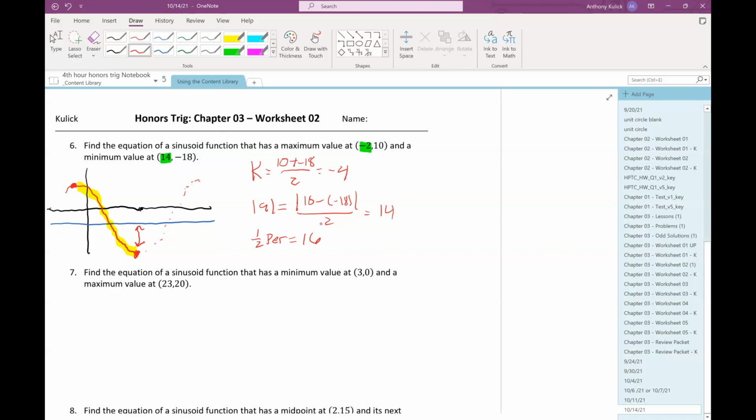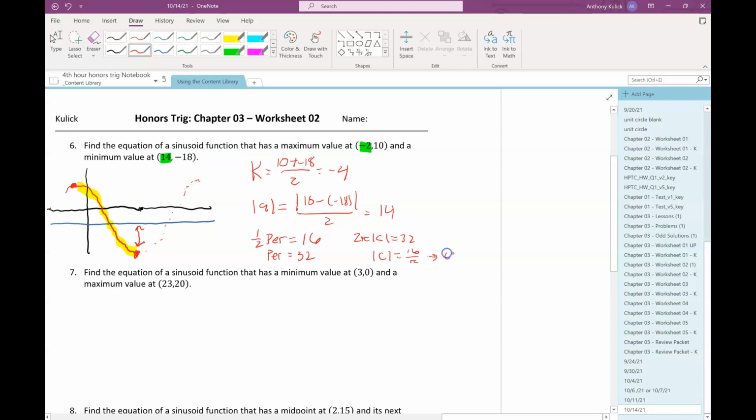Okay. So if half a period is 16, then one full period is 32, right? And I know a period is 2 pi over the absolute value of c. So when I divide both sides by 2 pi, I have 16 over pi.